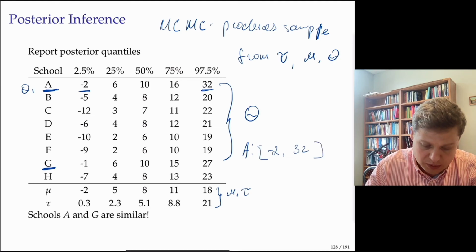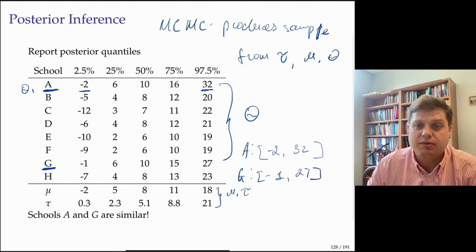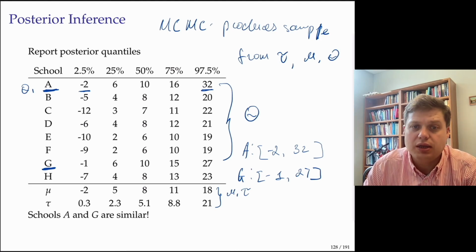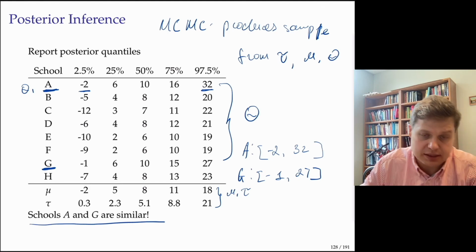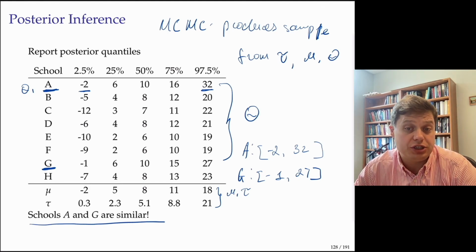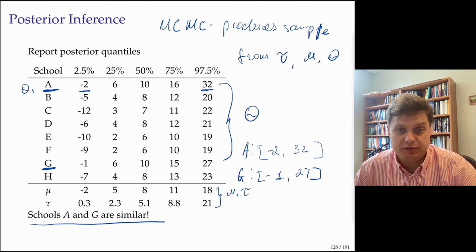So that's our 95% interval. And the 95% interval for G is -1 to 27, and we see that the intervals actually overlap, so G is completely inside A's. So our Bayesian analysis tells us that schools A and G are similar. There is really no difference between those two.